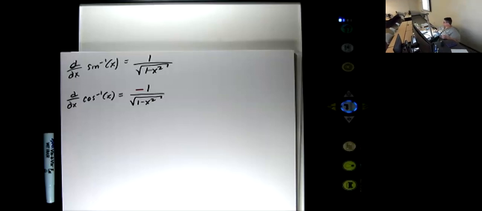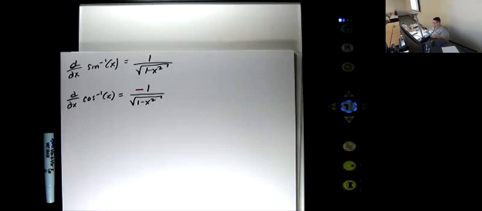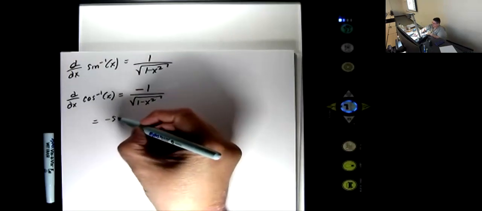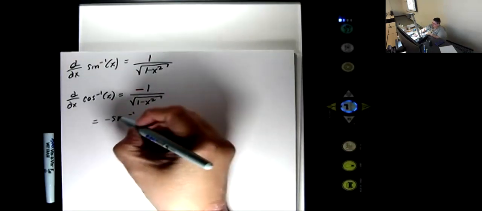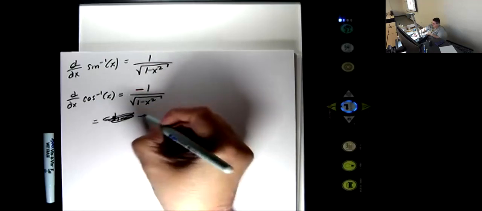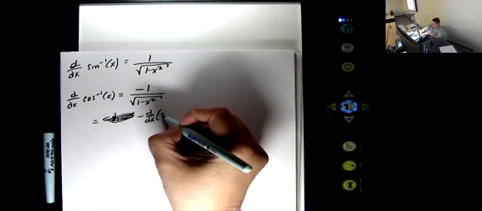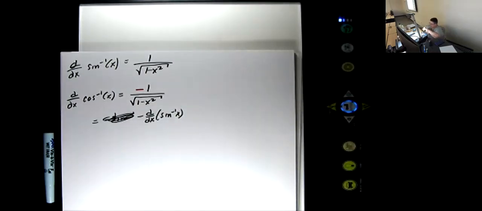Kind of like derivatives of sines and cosines, one of them introduces a negative. If you took the derivative of cosine, it introduces a negative. The derivative of cosine inverse introduces a negative as well. But other than that, it looks identical to sine inverse x. In fact, that looks identical to negative derivative of sine inverse of x. I don't know if that helps you remember them.